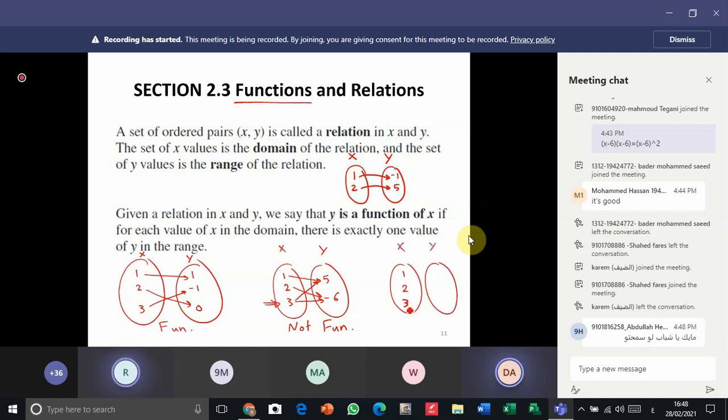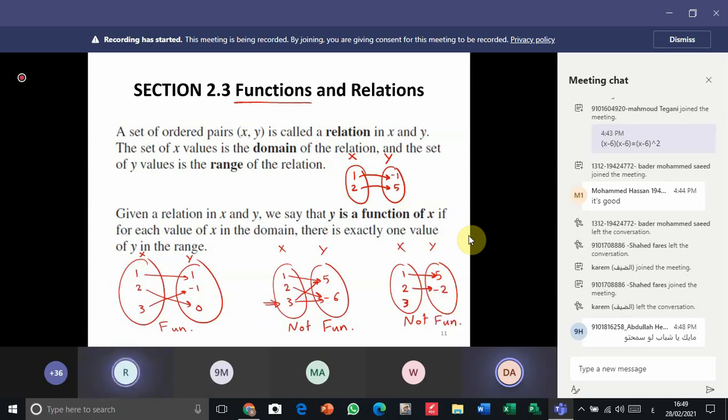These are 3 values. 1 connects with 5. And 2 connects, for example, with 2 or negative 2. But 3 does not connect with any value in the y. So this is also not a function.